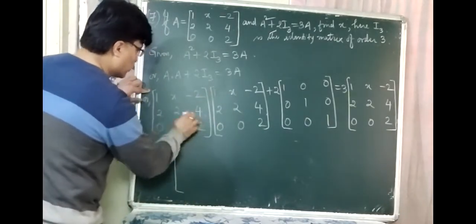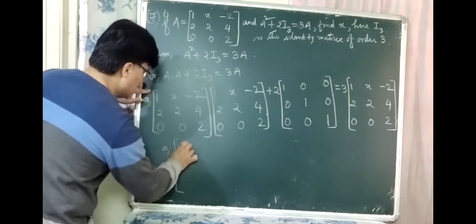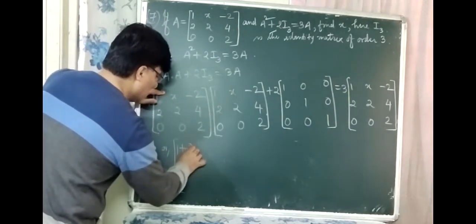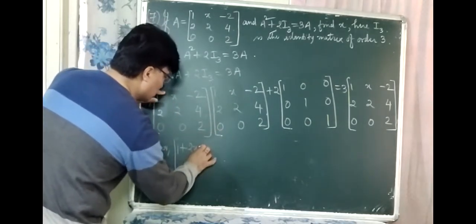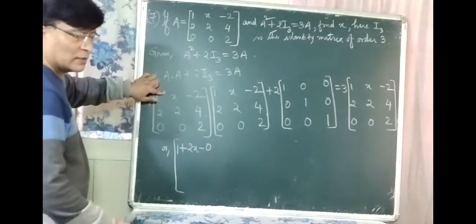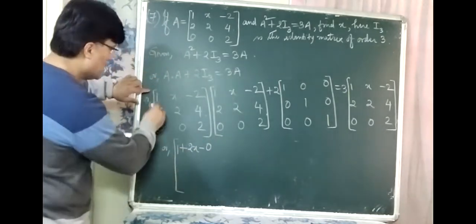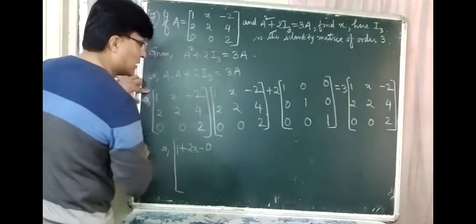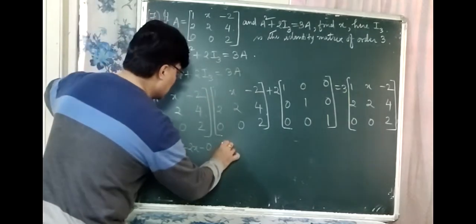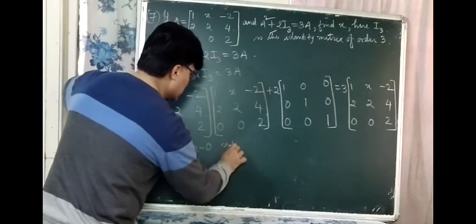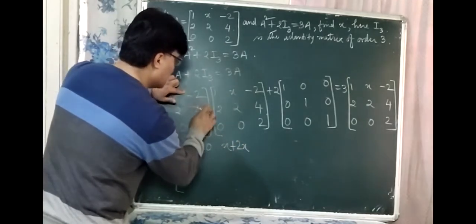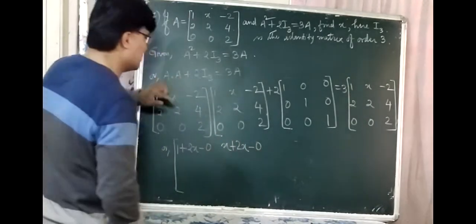First row by first column: 1 into 1 is 1, plus x into 2 is 2x, minus 2 into 0 is minus 0. This is the first element of the first row. Again, first row by second column: 1 into x is x, plus 2 into x is 2x, minus 2 zeros are minus 0.